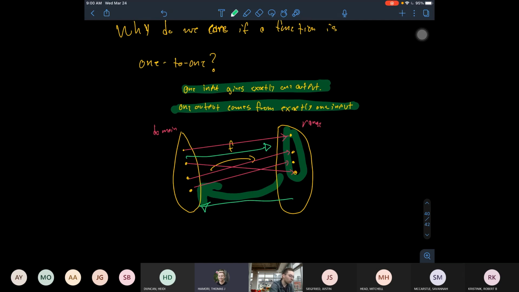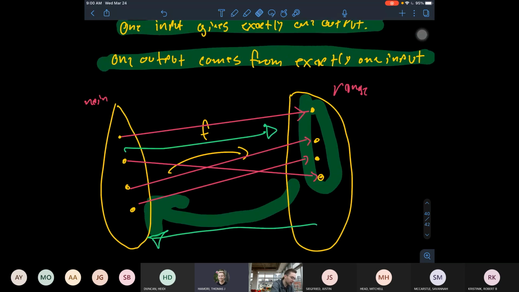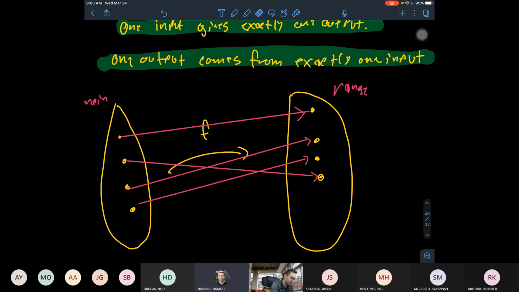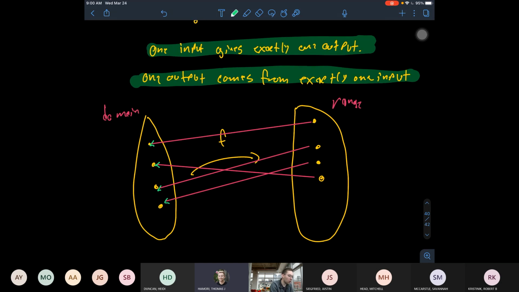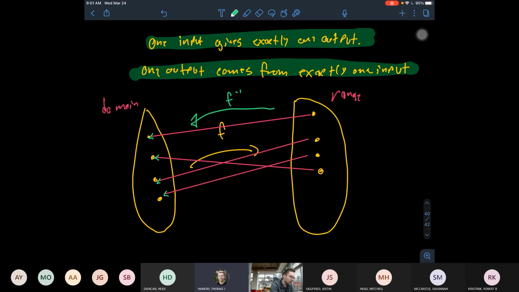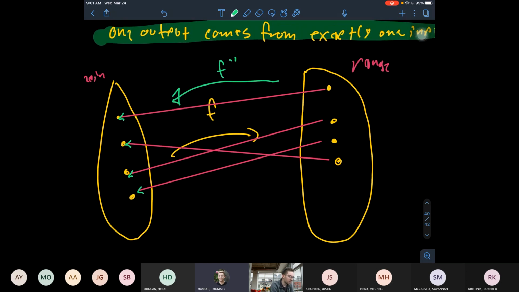So if we have a one-to-one function, what this says is that if I erase the arrows which I put on these lines and put them in the other direction, then the fact that my original function was one-to-one means that if I consider f inverse going in this direction, we do not have one input going to more than one output.